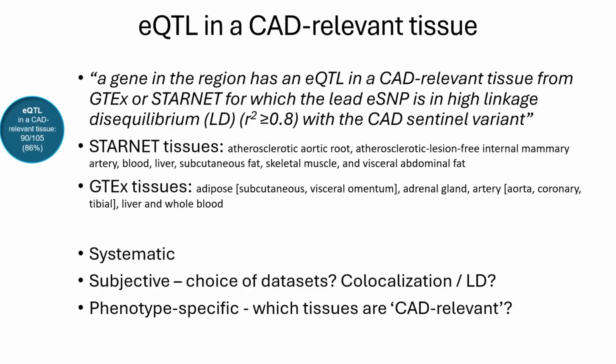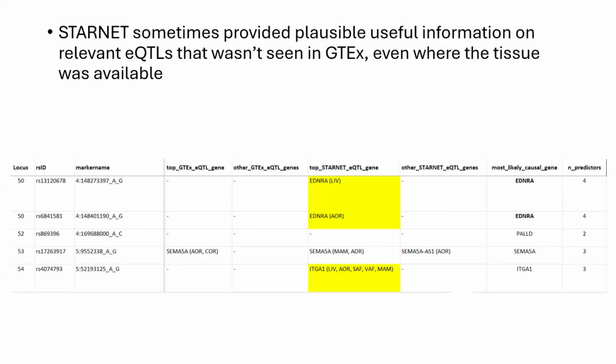So we took those and GTEx, which instantly raised the problem of how to combine them. This is a screenshot from one of our supplementary tables, but we quite often found evidence from STARNET that you didn't see in GTEx, even where the tissue was there and well powered, particularly for liver, perhaps.